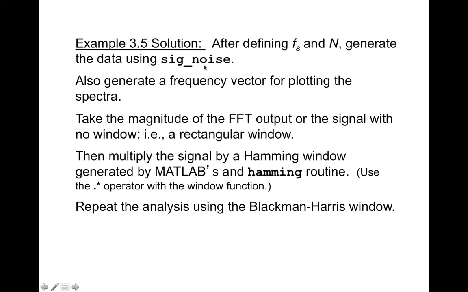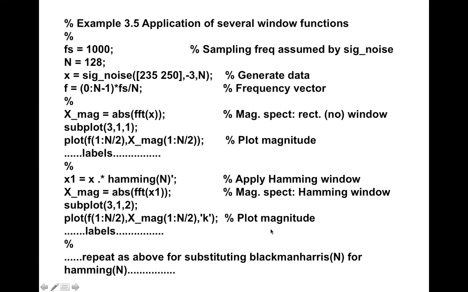We'll use signal noise to add noise to the data. We'll generate a frequency vector so we can plot the spectra. We'll take the magnitude of the FFT output of the signal with no window, in other words, a rectangular window. Then we'll use the Hamming routine and the Blackman-Harris routine.